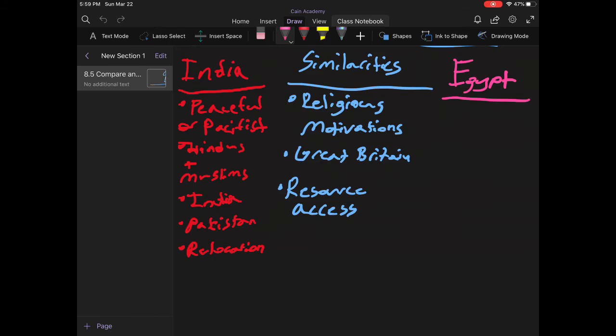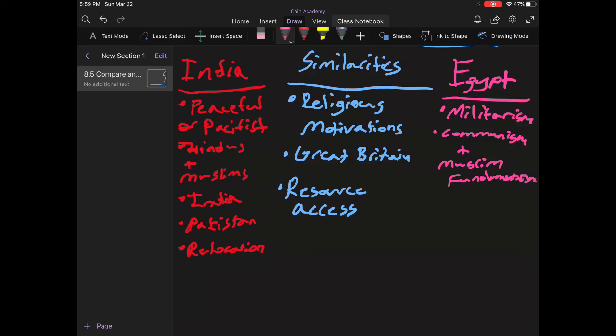And finally, let's look at Egypt and what Egypt has that's different from India in regards to decolonization. The first is probably just the conflict and the militarism that Egypt displays. In addition to that, Egypt has this combination of communism and Muslim fundamentalism that creates a much more religious state.